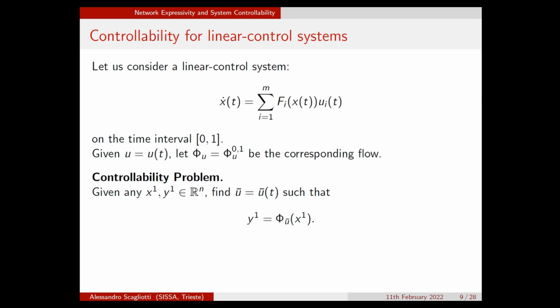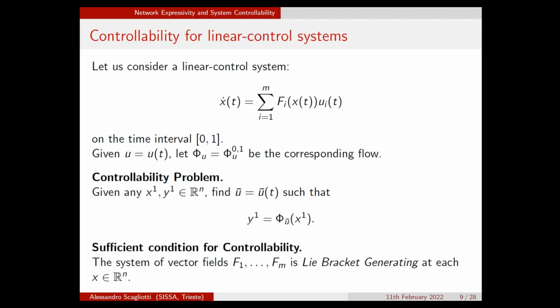If it is possible for every choice of the initial point x1 and for every choice of the target point y1, we will say that the system is controllable. Let me say that this controllability property is a very classical problem, and it should be the first question that you ask when you're dealing with a control system, both linear and nonlinear. So it is a very classical and studied property, and therefore the answer to this question is very classical.